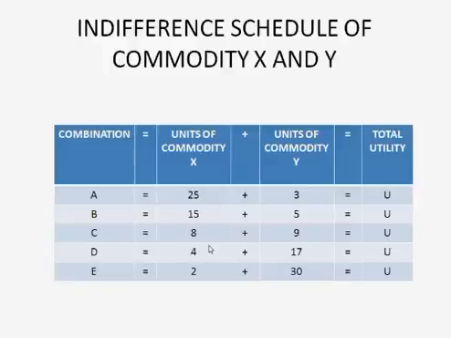So we can see here that we are using different units of X and Y and making different combinations, but the utility derived from the different combinations is the same in each and every case, that is U. And we can also see here that as we increase the number of units of commodity Y, we are decreasing the number of units of commodity X. Then only we are deriving the same utility.